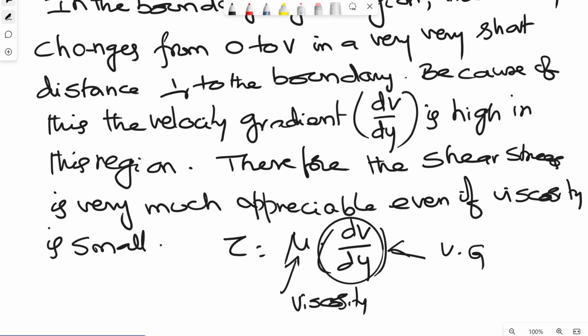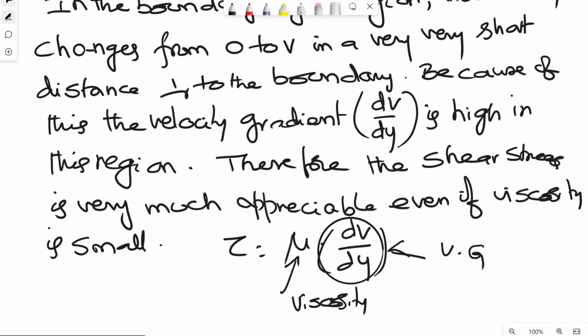For example, I take velocity as 5 meters per second, and that distance is, for example, just 1 mm. So in a 1 mm vertical distance, the velocity changes from 0 to 5 meters per second.